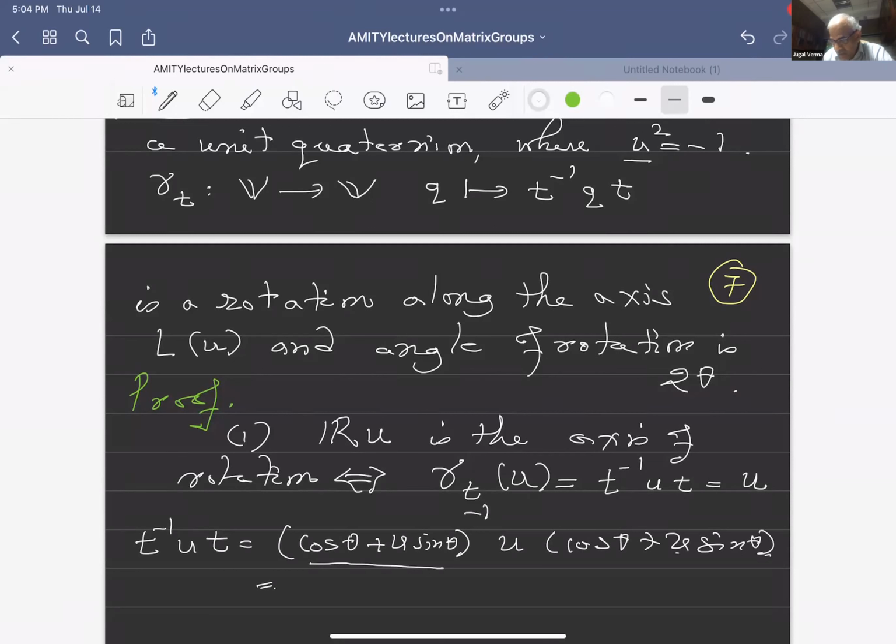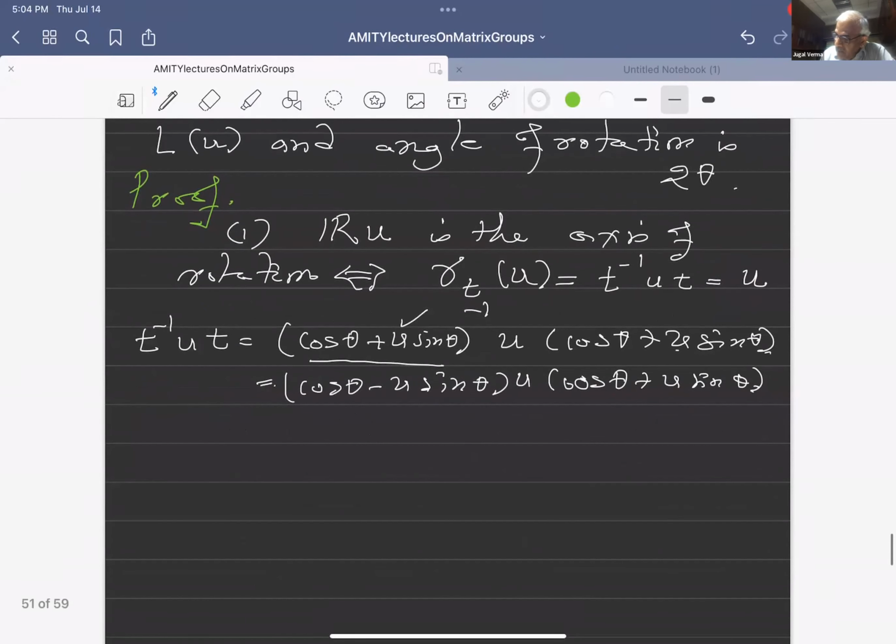It's just the conjugate. So this is cos theta minus u sin theta. U is a purely imaginary quaternion, so you just replace the purely imaginary part by its negative, then you get its conjugate, and the conjugate is the inverse of a unit quaternion. So this times u cos theta plus u sin theta.